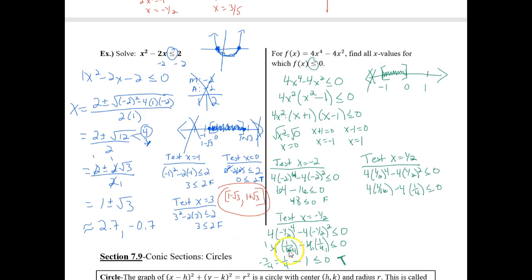We already did all these values, and 1/4 minus 1 was negative 3/4. That was true, so I don't have to do those values again. Once I take the 4th power and square it, I end up with the same values, so this will be true also.